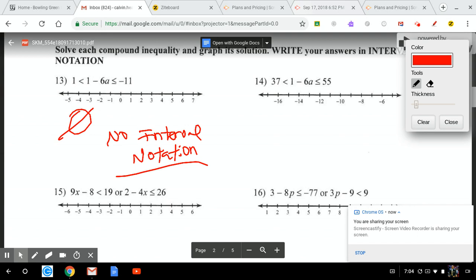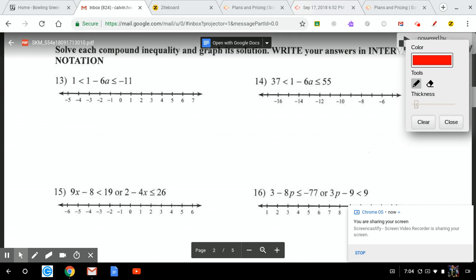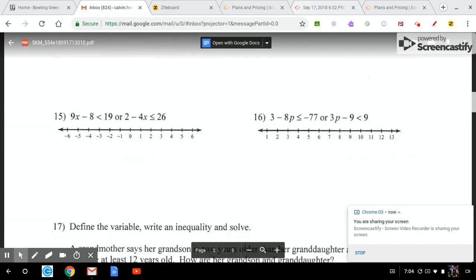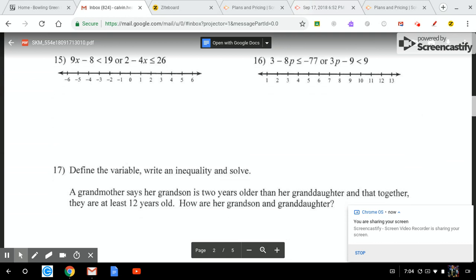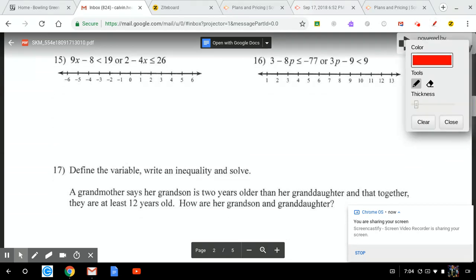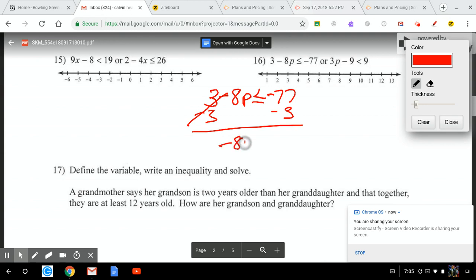Okay. All right. So going back to number 16, real quick. I started that one on the other one. So we've got 3 minus 8p less than or equal to negative 77. So we're going to solve that. Minus 3, minus 3. Okay. We get negative 8p is less than or equal to negative 80.